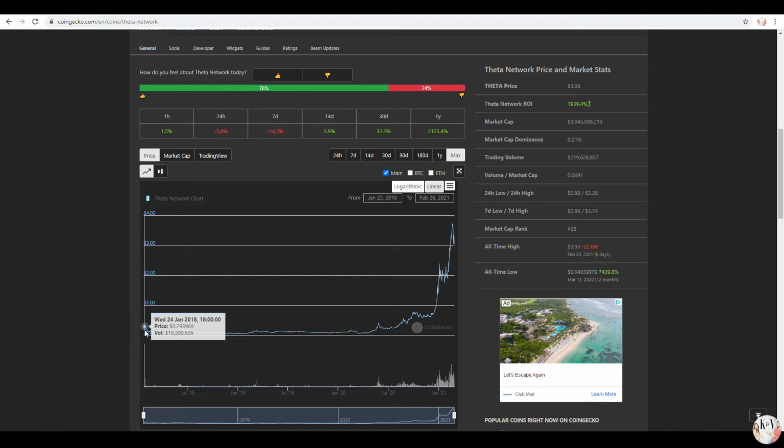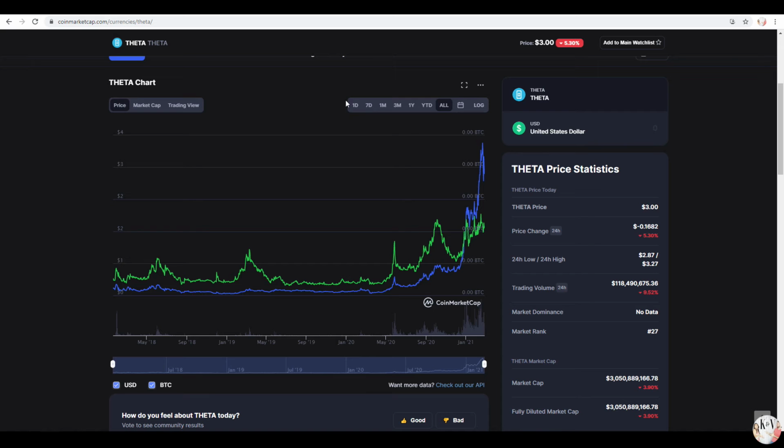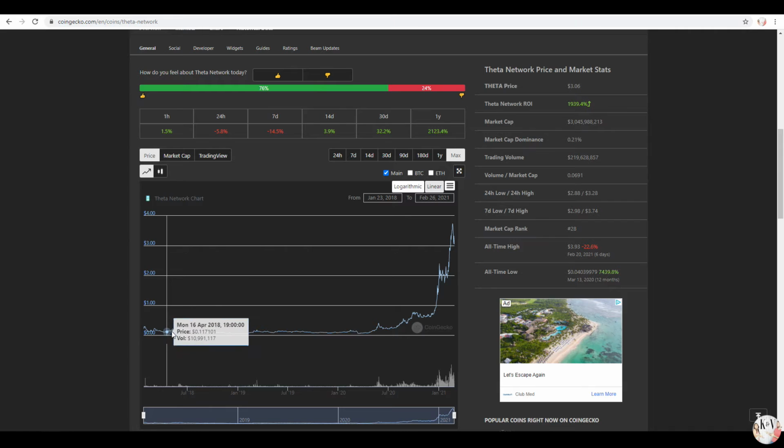And the last thing we check for now is when it started. If you go to the max here, or if you go to coinmarketcap.com and put all, then you know when it started. It started in January 2018. So it's not too young, not too old a project. And we see also that the price of the token has been increasing in the past year. At the beginning of the run, the volume was 45 million.